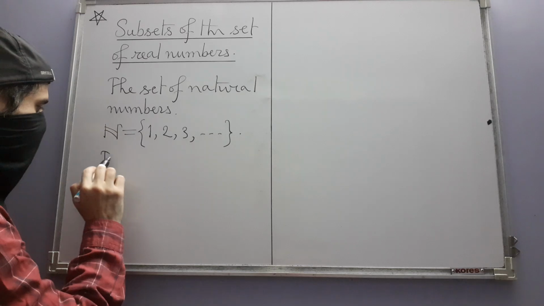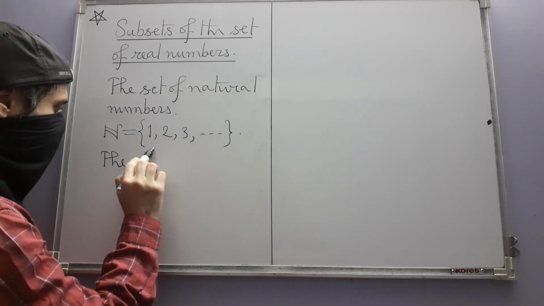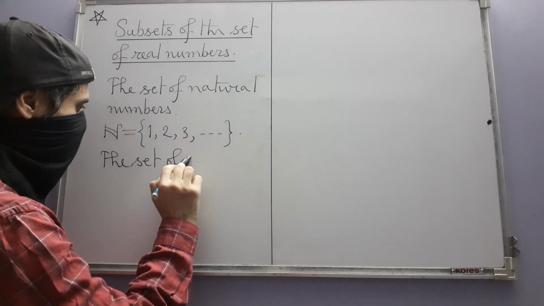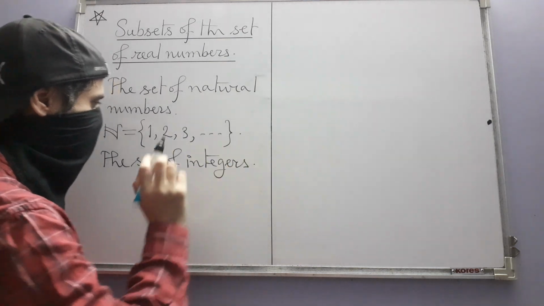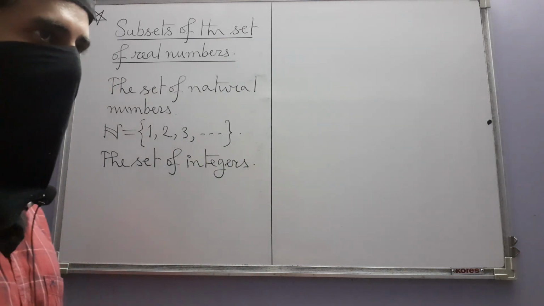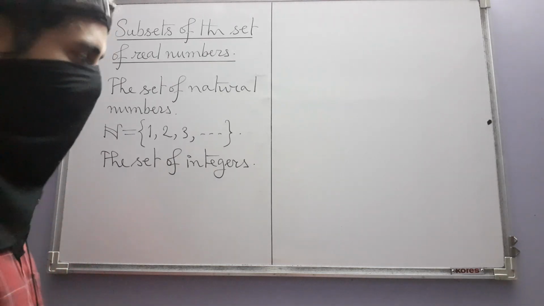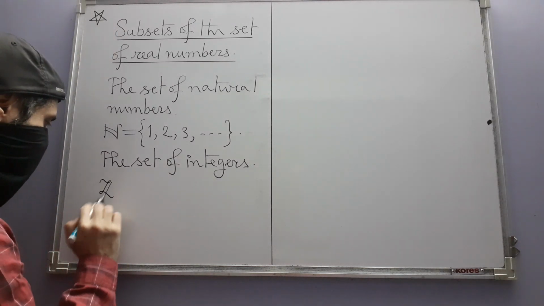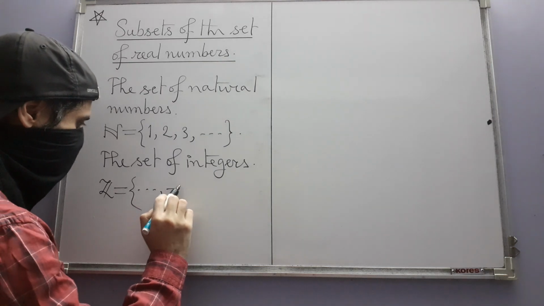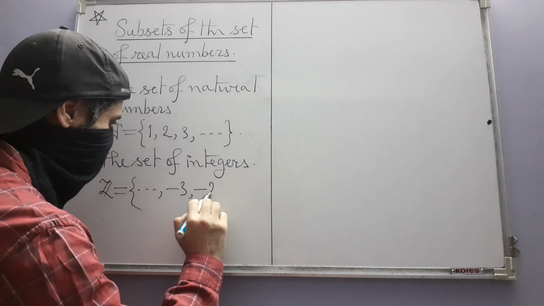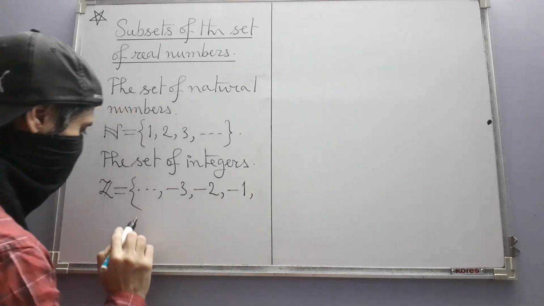Then the set of integers, that is the set of integral numbers. Integral means non-fractional. It's denoted by capital Z and the set is specified in the roster form like this.